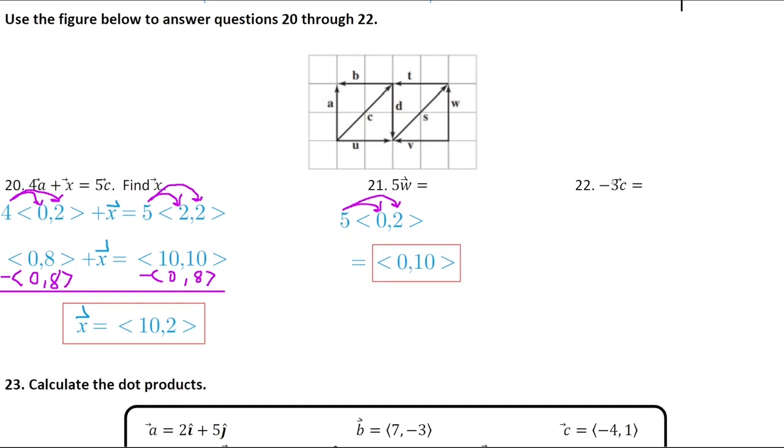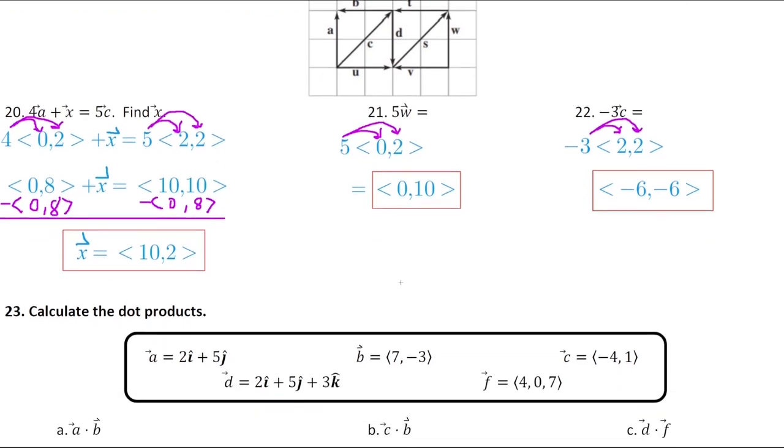Number 22, we're just multiplying negative 3, this scalar, by vector c. So we've got negative 3 times vector c, which you can see is 2, 2. And we'll distribute this negative 3 in to get negative 6, negative 6. All right, so that's that little section.